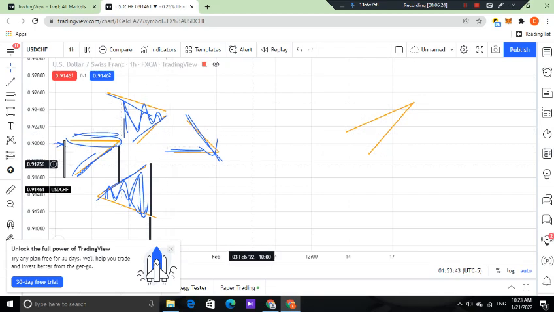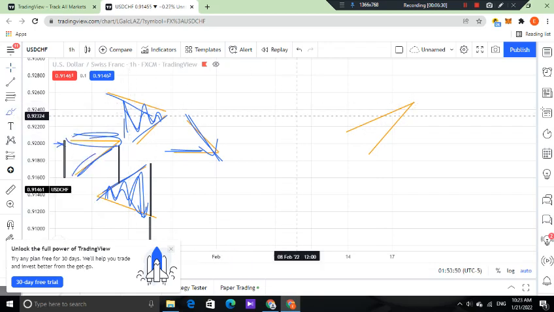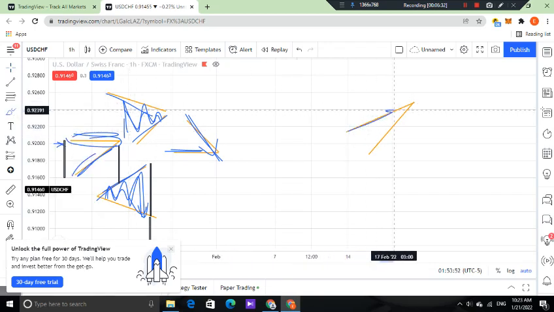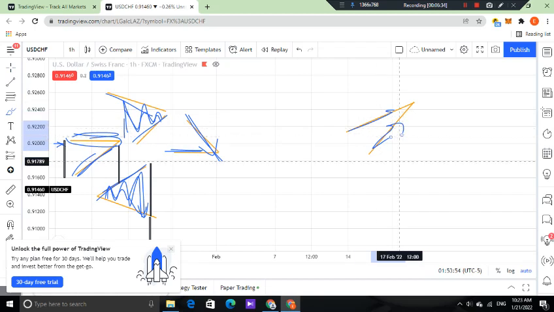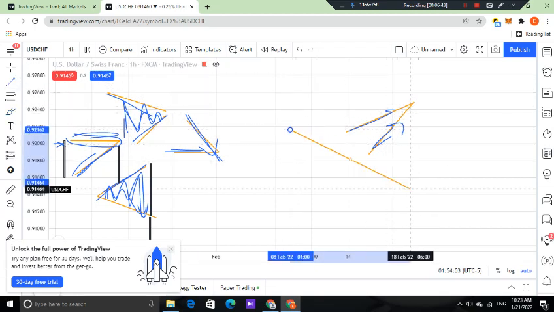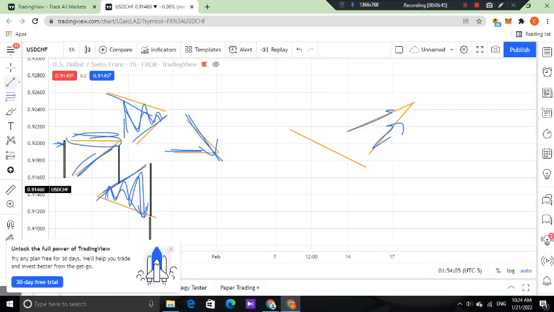But in a triangle, we have two lines in opposite directions. In this wedge, both of these lines are heading up. But this bottom wedge, both of these lines are heading down.